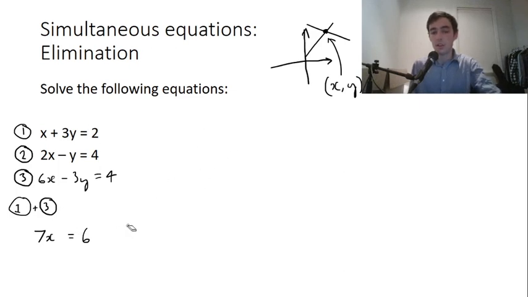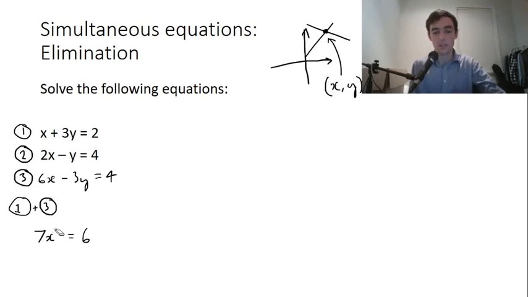Now, just to recap, we have multiplied this second equation by 3 so that we could get a negative 3 here and a positive 3 here, because we knew that when we added up the equations, the y's would cancel out and we would only have x's left.